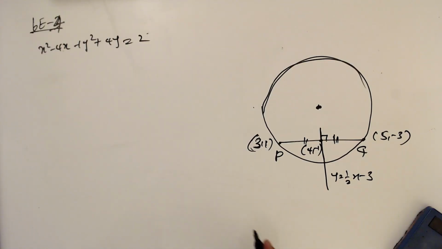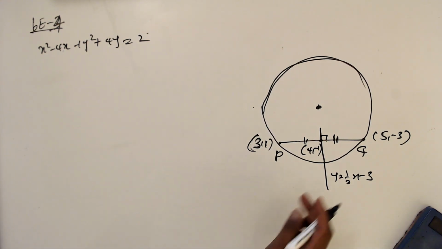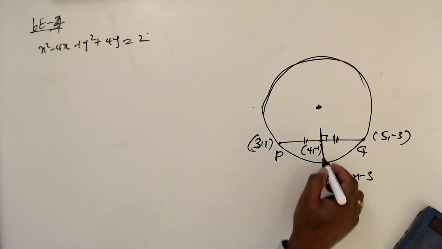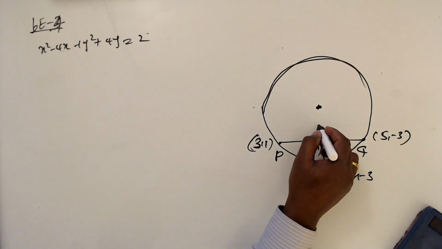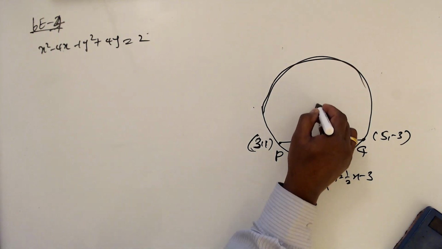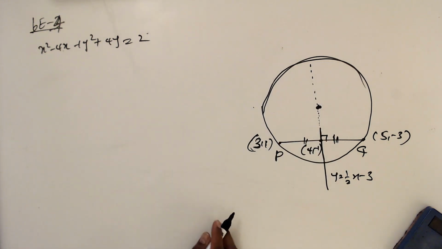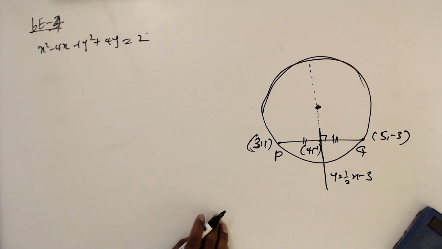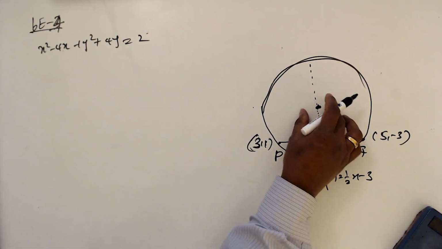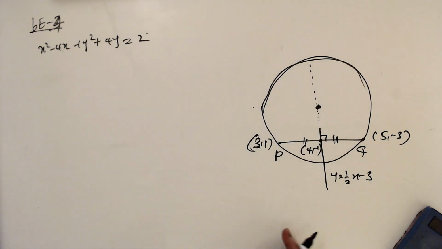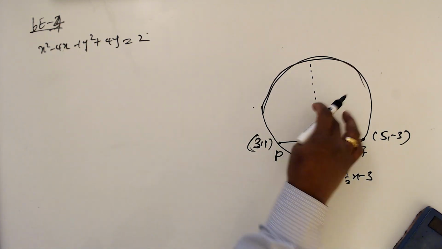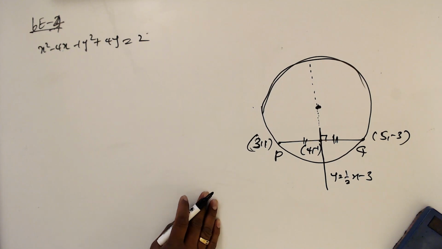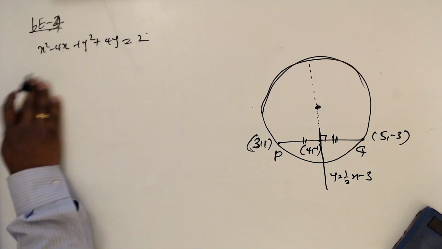Now part 2 is show that the perpendicular bisector passes through the center. This perpendicular line should go through the center. To show that, the center point should satisfy this equation. So now I have to find the center.